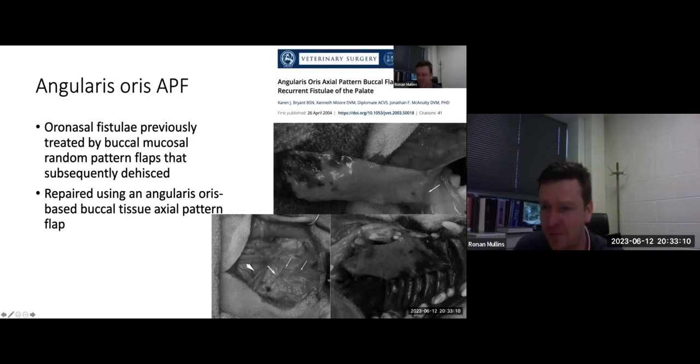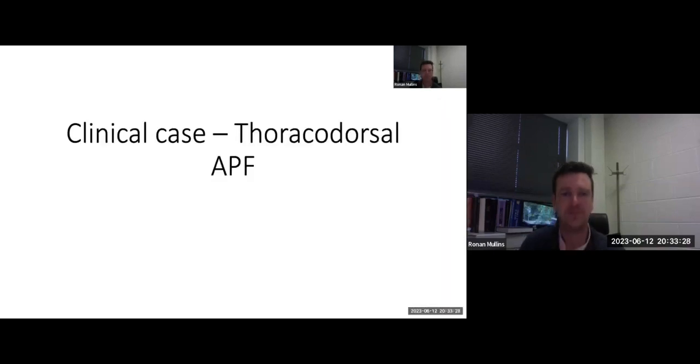A lot of people will remove teeth, such as the last molar on that ipsilateral side, because as the animal is chewing, there's risk of injury to the flap. So a lot of authors will remove those molar teeth because of that.